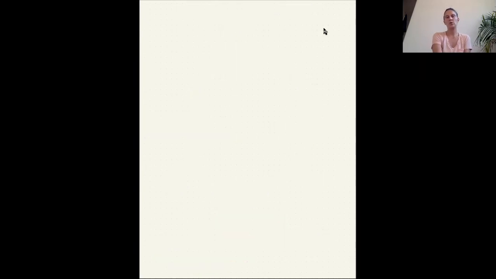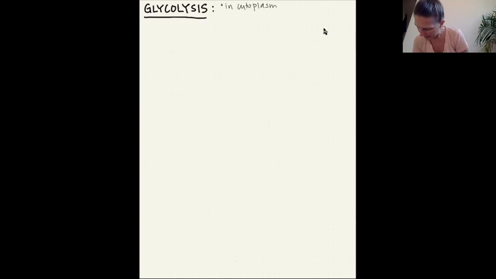Now I'm turning to the first page of my trifold, which is going to be all about glycolysis. I'm going to put some key facts about glycolysis before we draw it out. First and foremost, it is in the cytoplasm of the cell, and it requires no oxygen, right?